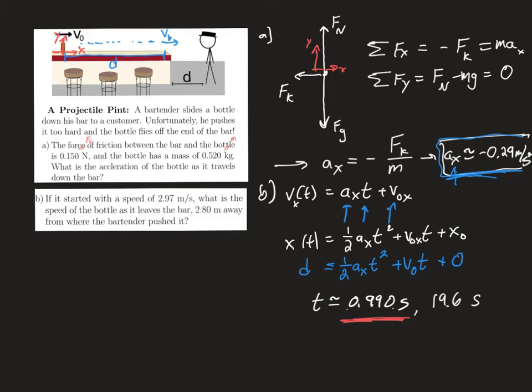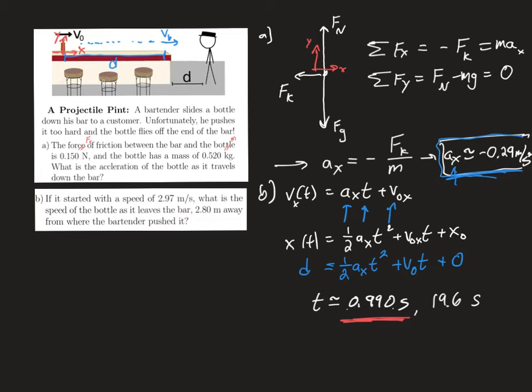What happens if the bar was infinitely long and we had this acceleration the whole time? After 1 second, the bottle would pass this point, and then it would continue along our infinite bar, decelerating the whole time, getting slower the whole time. And eventually it would come to a stop as the acceleration gradually made it come to a stop. But of course, the problem is still giving it this acceleration.